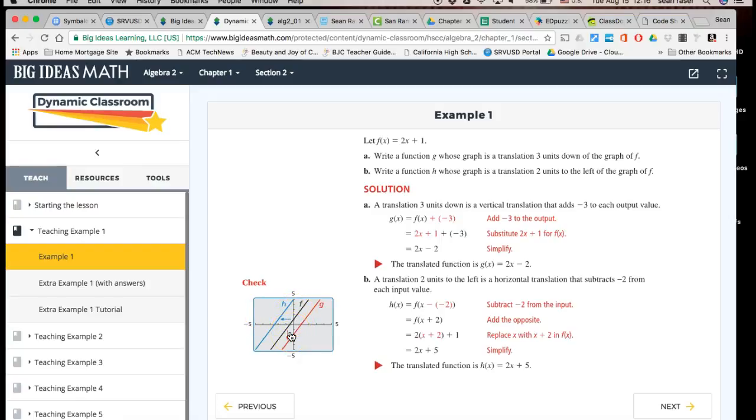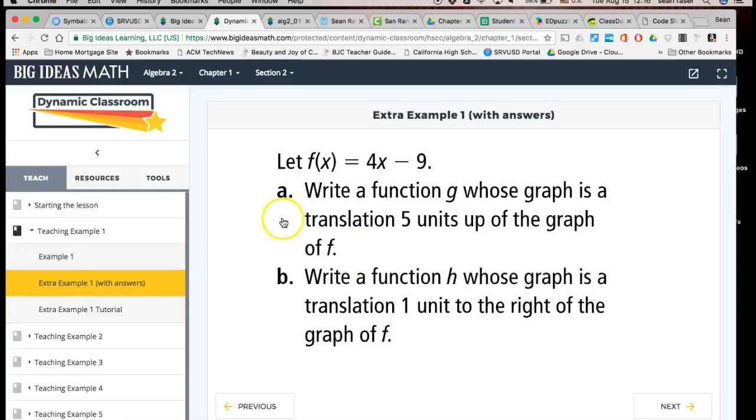Okay, so this is the first time you've really looked at this, so the explanation is a little longer here. So what I want you to do right now, in the text box that comes up, is just do the same thing that we just did. So here's your original function, 4x minus 9, and you're going to be doing 2 parts. You're going to be writing a function g whose graph is a translation 5 units up, and writing a function h whose graph is a translation 1 unit to the right.